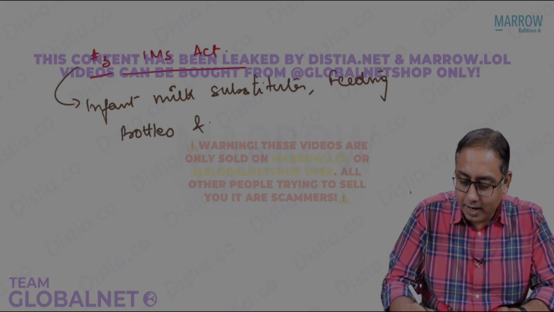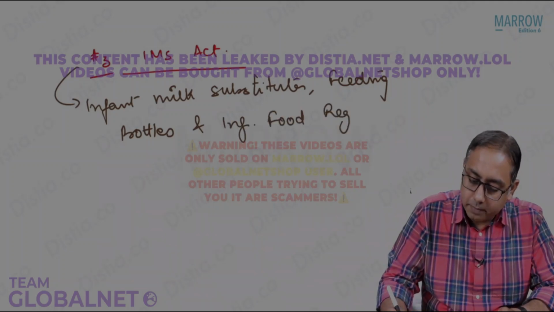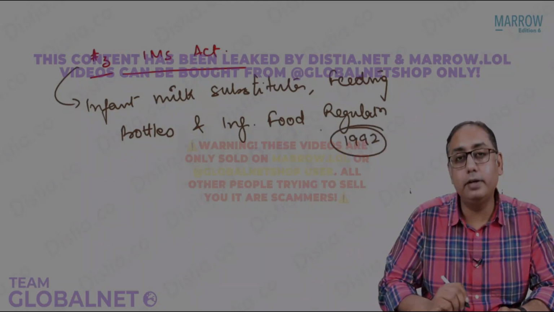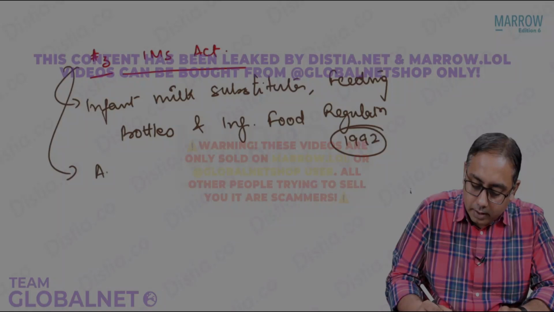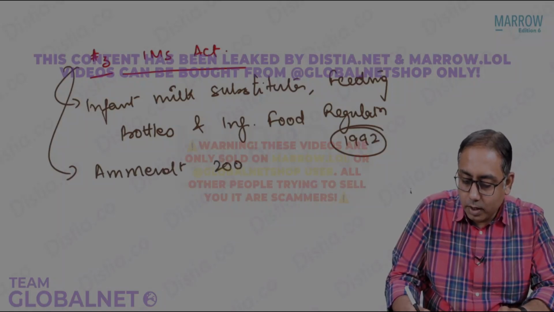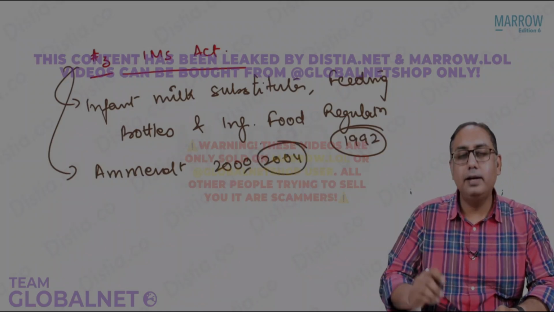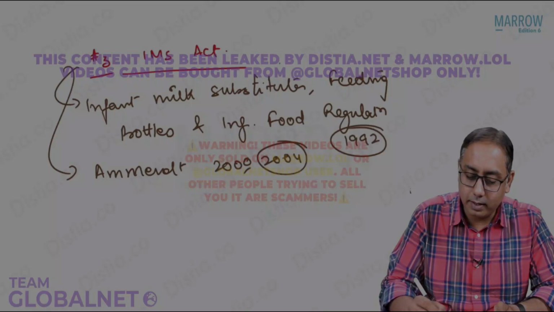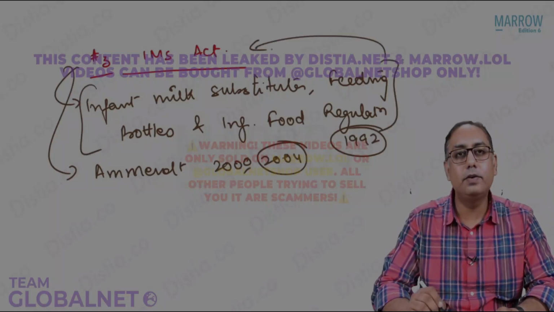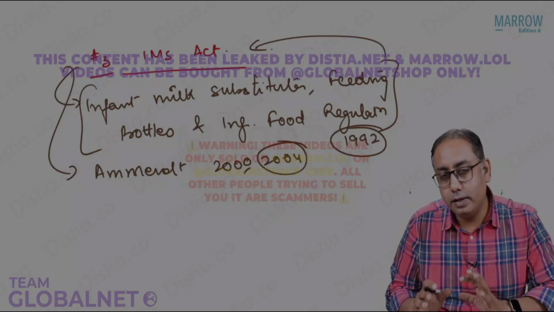It was started in year 1992 in India. It was later amended in 2000, and again in 2004. It's a very long name, so it is fondly called the Infant Milk Substitute Act. The IMS Act has been amended in year 2004.